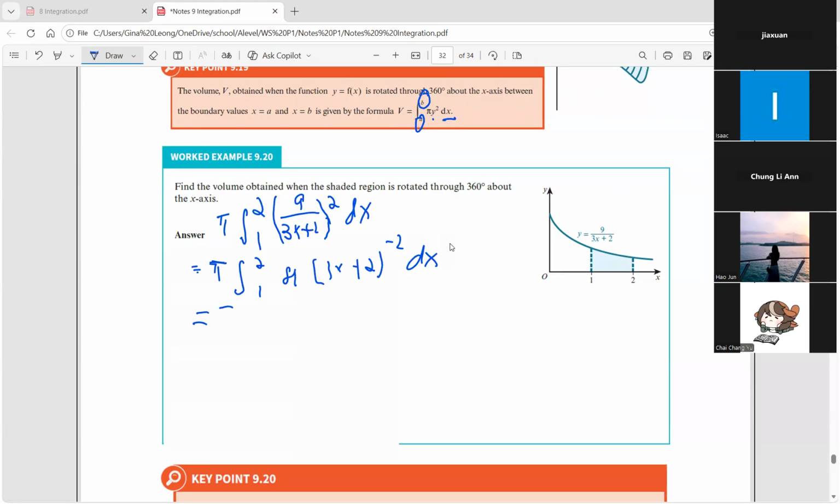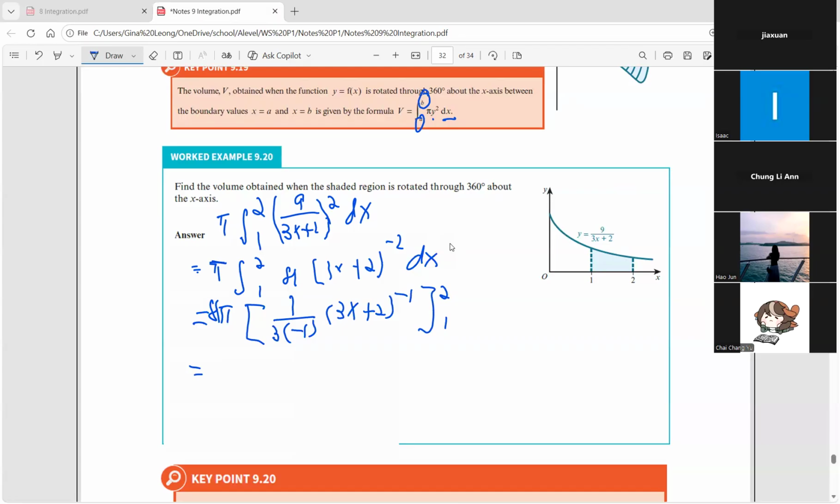Then 81 I can also bring out. So I start to do 1 over 3, this one is negative 1, we copy again, minus 1, from 2 to 1.